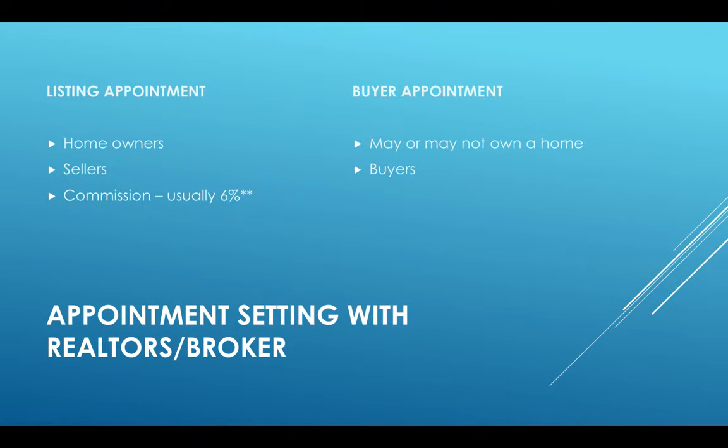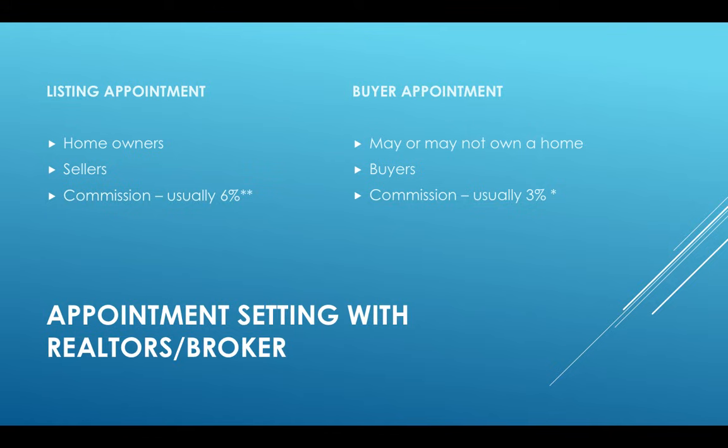These are people looking to buy properties, and the commission here is usually 3%. If I'm a realtor representing a buyer, and that buyer successfully buys a property and everything goes well, I would get a commission for representing that buyer, which is usually 3%. Again, this is not fixed.